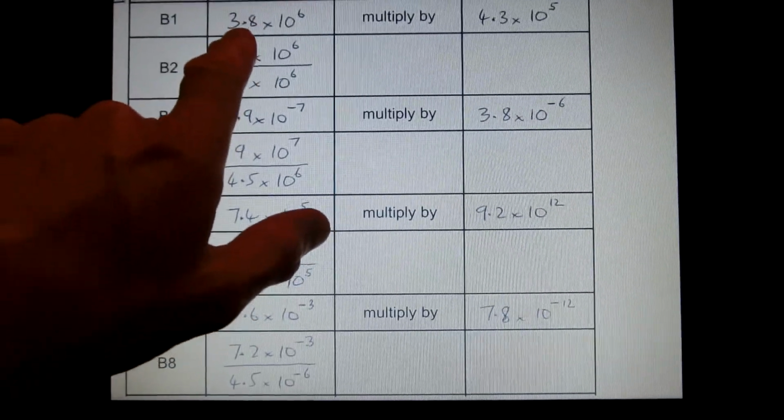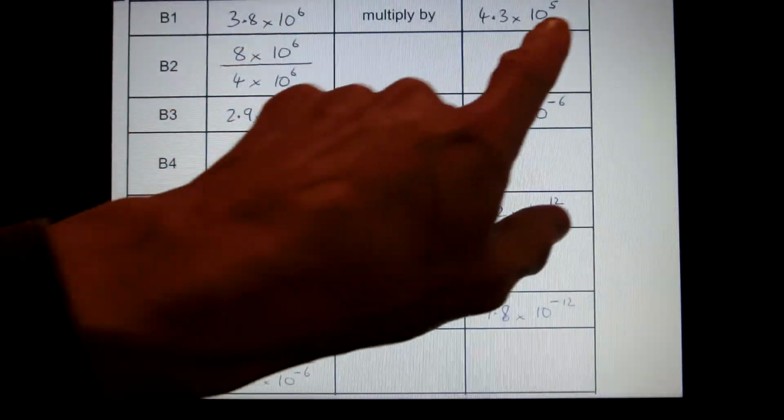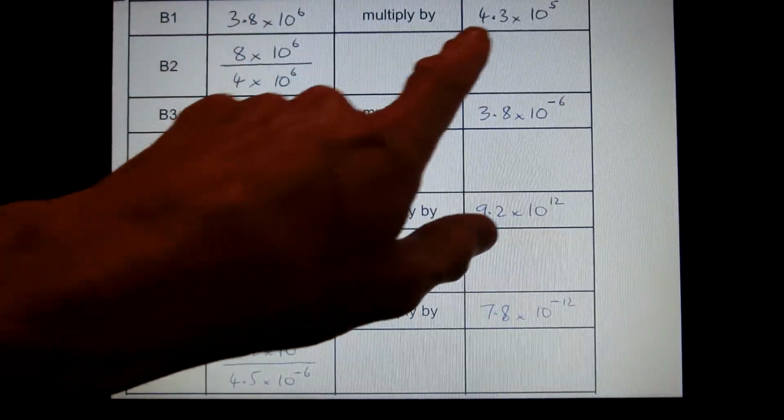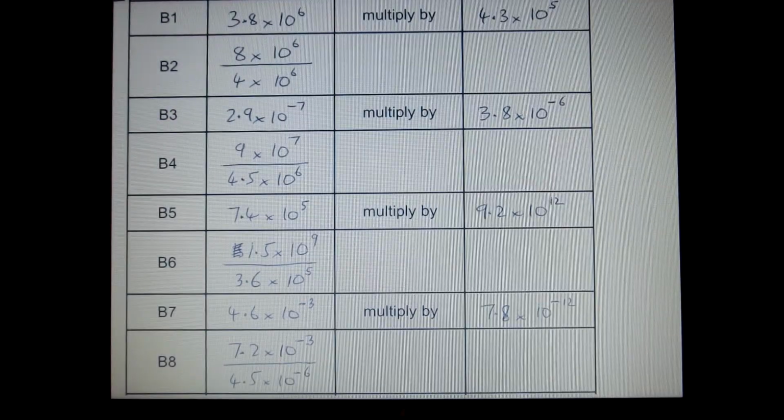So you'll get 16 times 10, and then you'll add the powers and get a power of 11. So you'll have something like 16 times 10 to the 11. That's not standard form because the 16 number is too large. You'll need to use the seesaw type idea to change that into standard form.